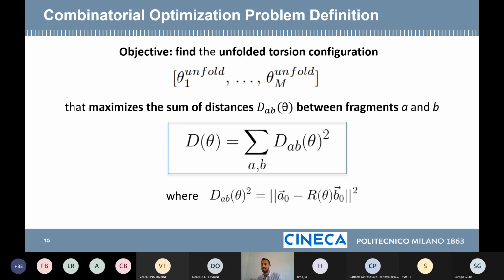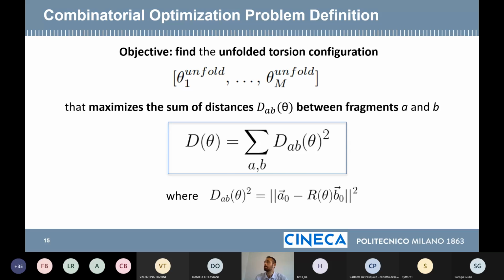Everything that is non-physical is handled later on in the docking process. That's why we were able to say this is just a geometrical optimum, and everything else that is more physical comes later.